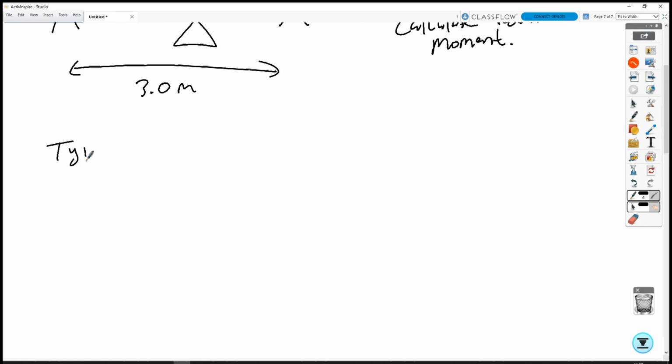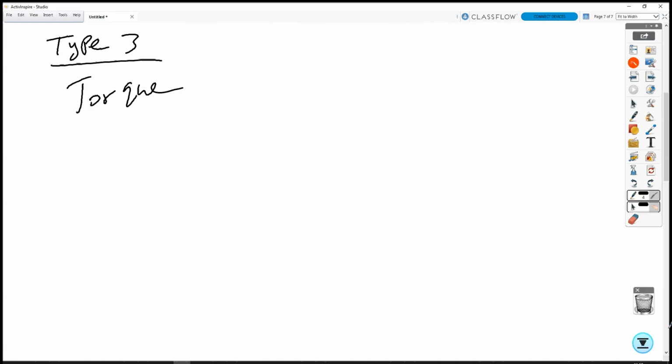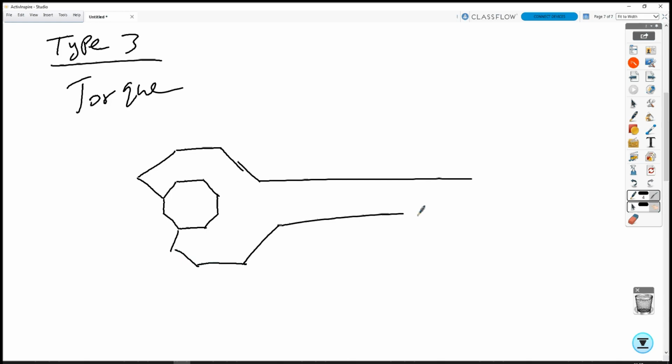Next, we'll look at type 3, which is a torque problem. So we've got a nut and a spanner.